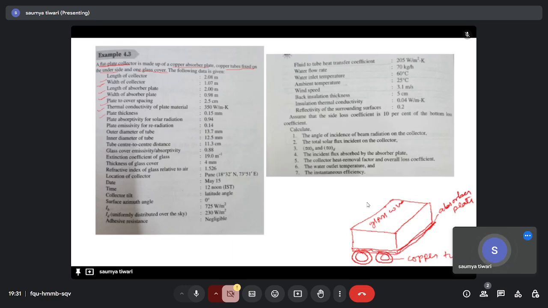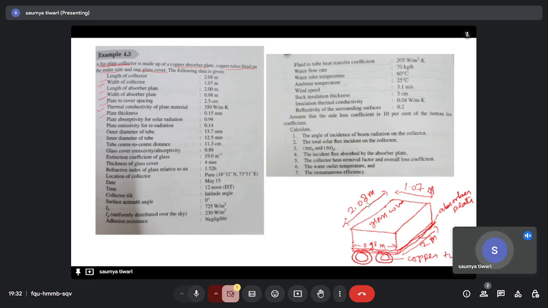Now the length and width of the collector is given. The length is 2.08 meter, and the width is 1.07 meter. The length of the absorber plate is given, which is 2 meter, and the width is 0.98 meter.